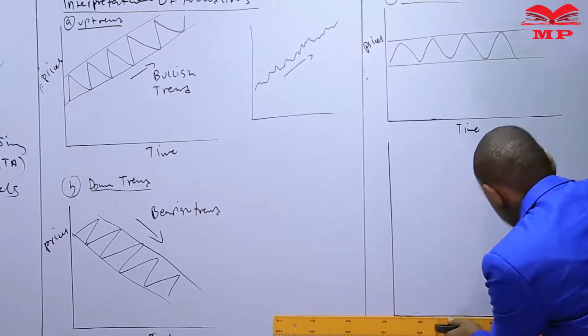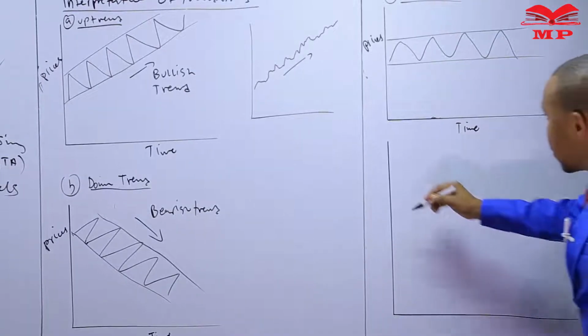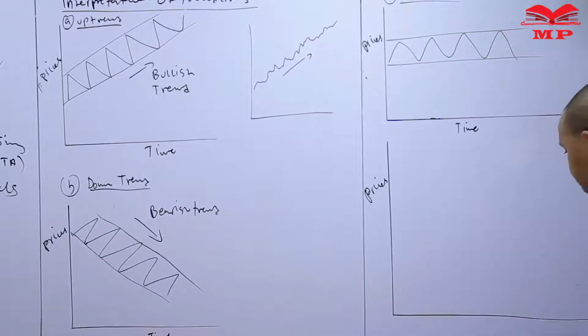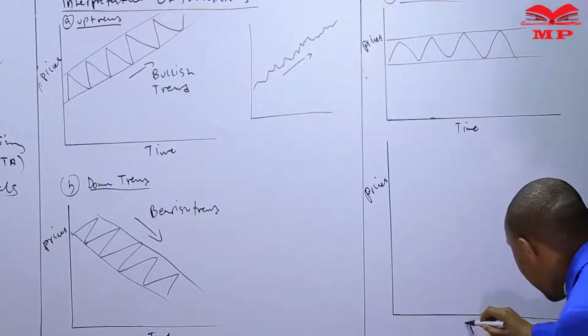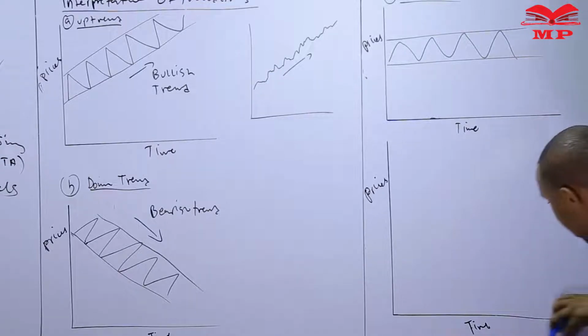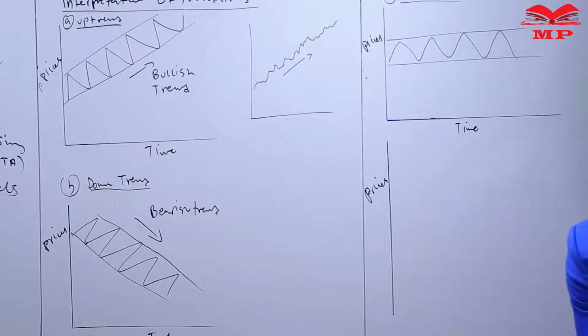Draw it like that. Not very perfect, but at least I'm trying my best. Prices. And here we have time moving like that. Probably that line may not be the best. Let me just redraw it again.